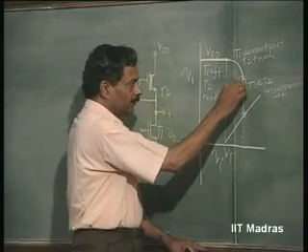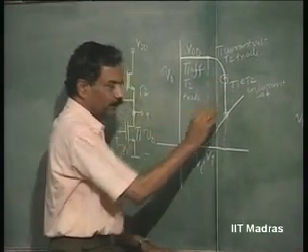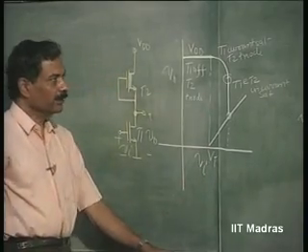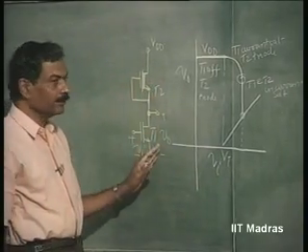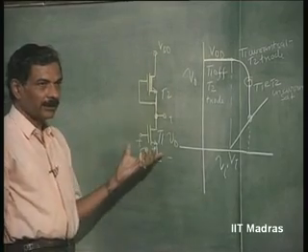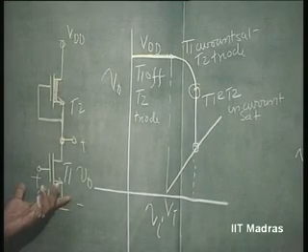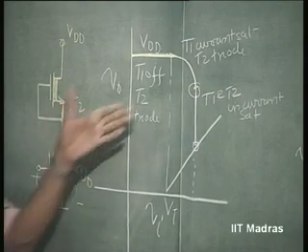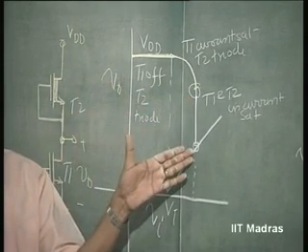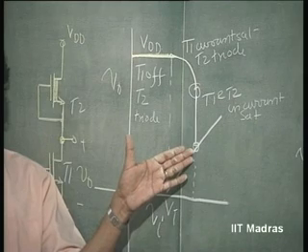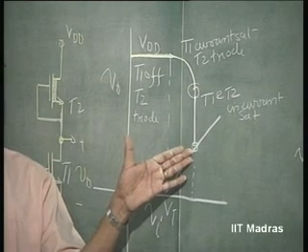We had seen that this region, the transition region, where both T1 and T2 of this inverter remain in the current saturation region, is a very important region, because that is the active region in which gain is very high, infinity.